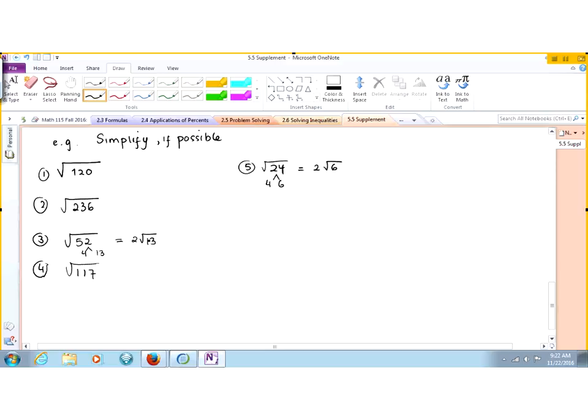Yes. Good. I think 117. Is there any? If not, then you can't do anything. So is 117 divisible by 3? Yeah, I think it's probably divisible by 9, isn't it?